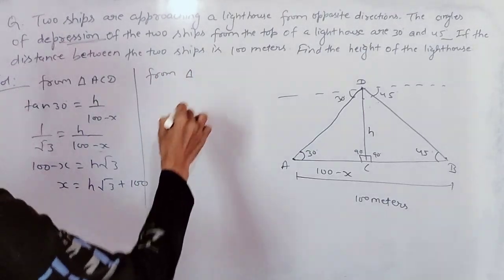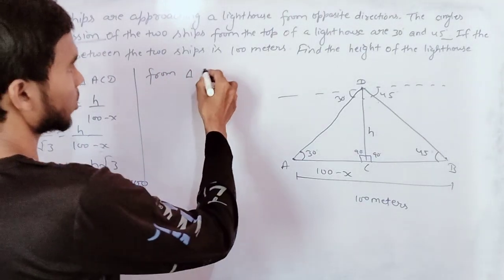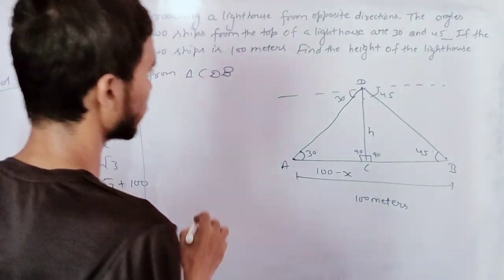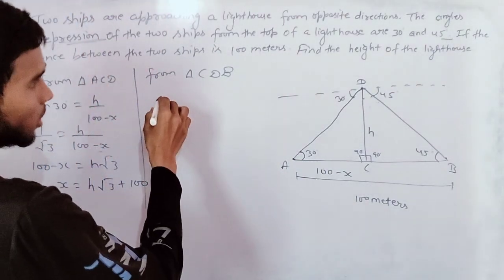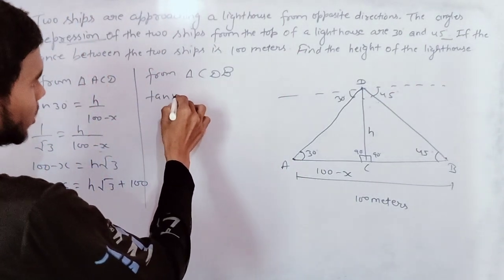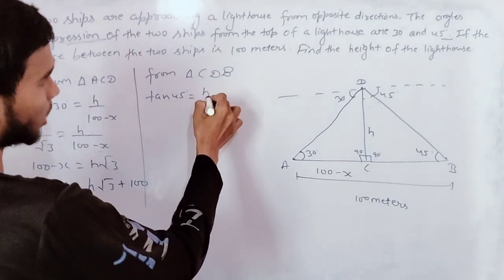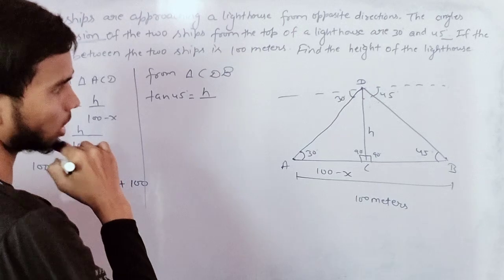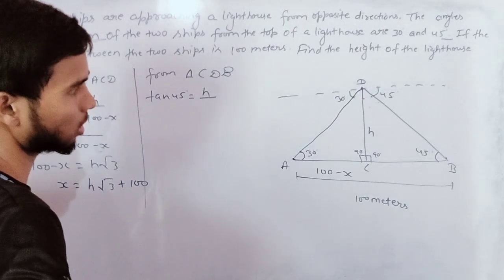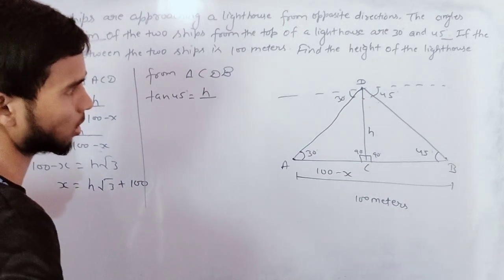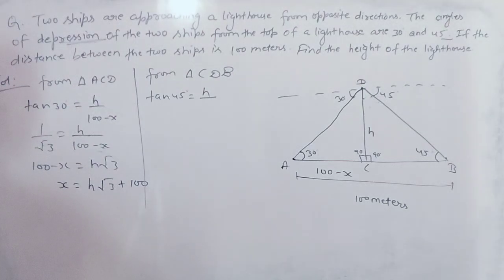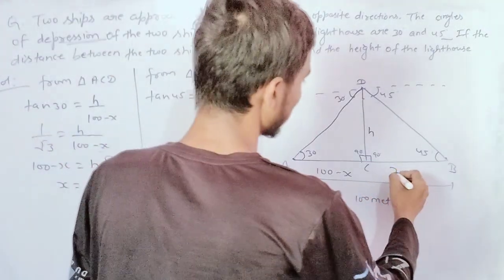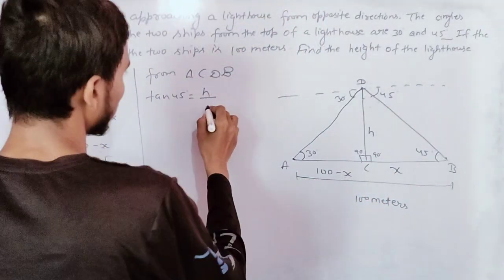From triangle CDB, what will happen? Tan 45, h upon x.